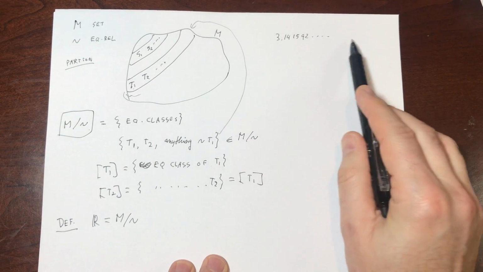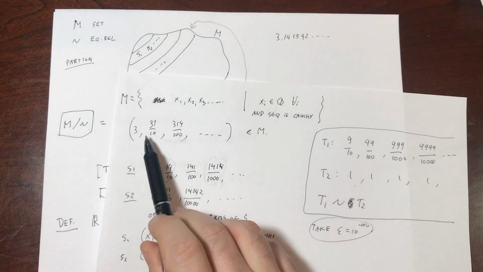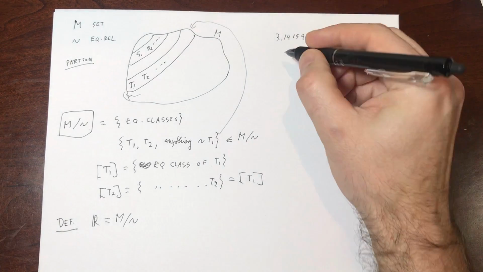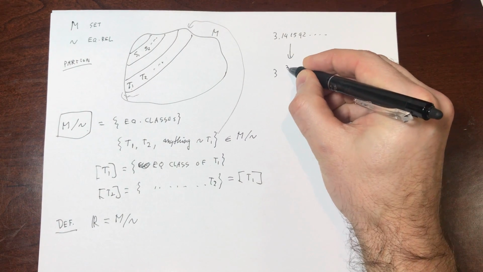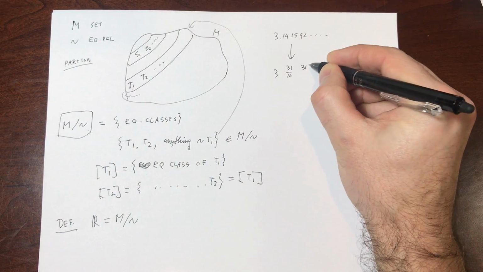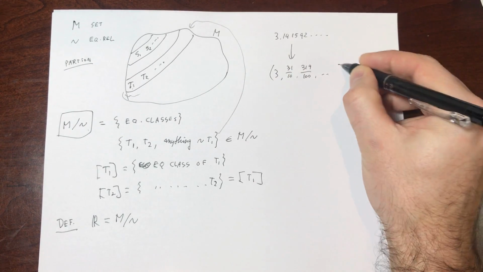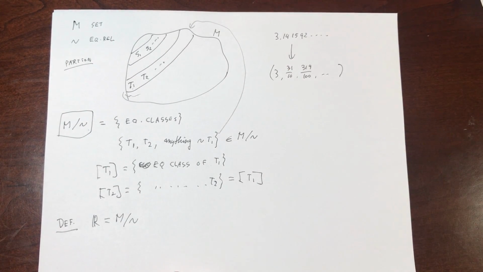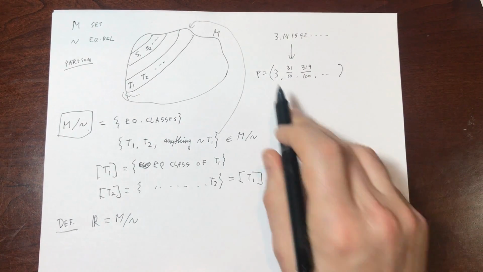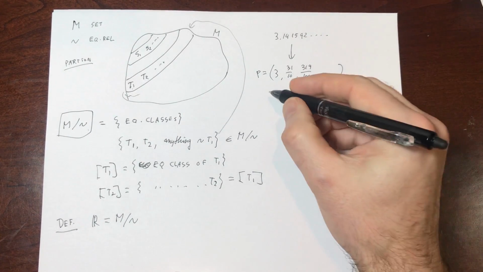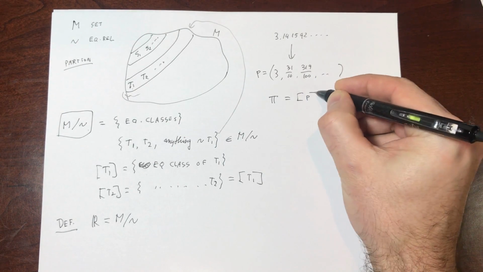Well, remember, this real number defines a sequence, namely this one: 3, 31 over 10, 314 over 100, etc. So this gives a sequence. Let's call this sequence, say, P. So P is this infinite sequence. And now pi is the class of P.